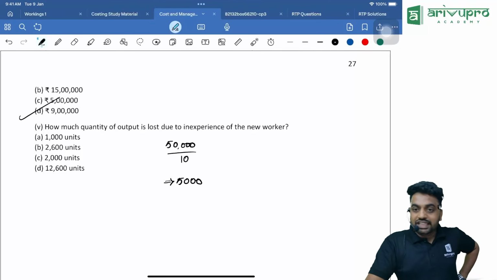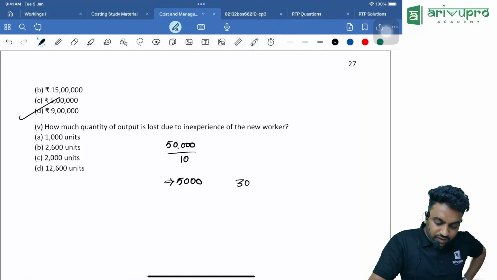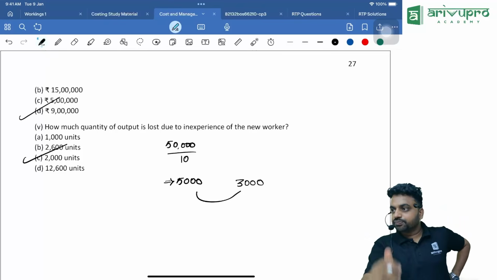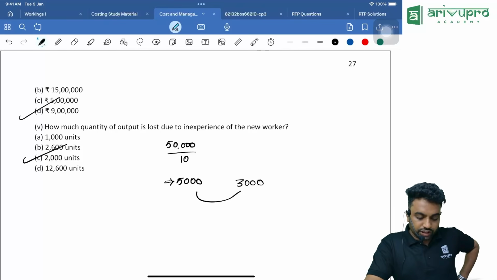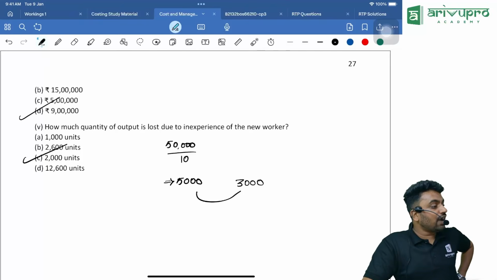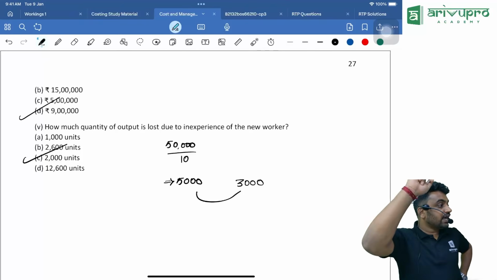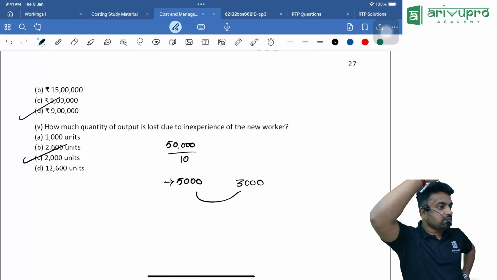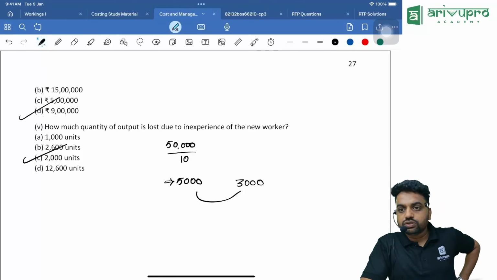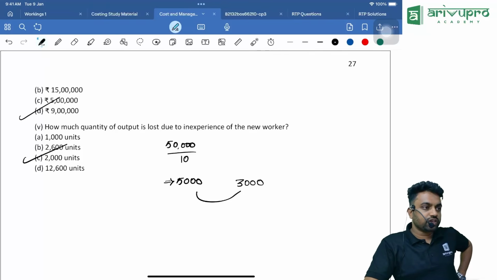But as you have given it to the new employees, they are producing just 3,000, which means 2,000 units we are losing due to inexperience of the new worker. Total, how many units have you lost? If they have asked, you would say 12,000 units. 1 lakh hours due to not hiring on time is 10,000 units, 2,000 due to this one. 10,000 plus 2,000, 12,000. Hope it is clear.